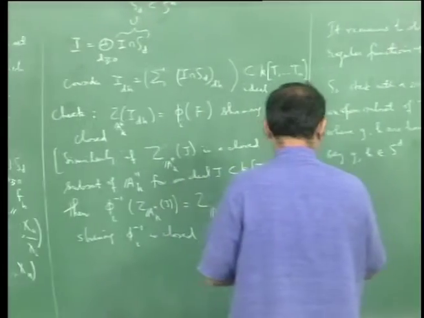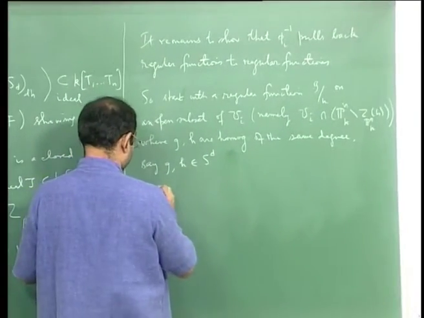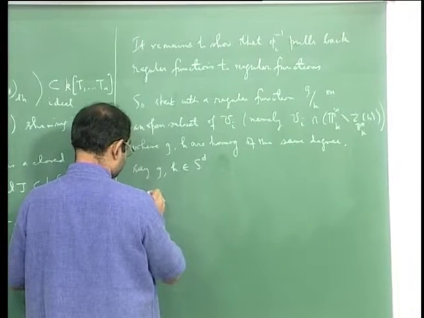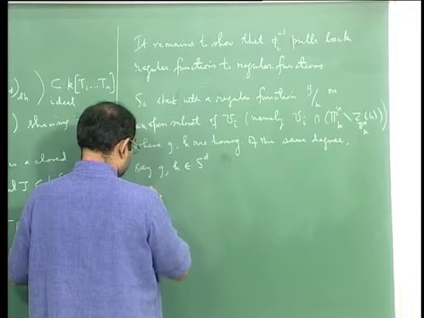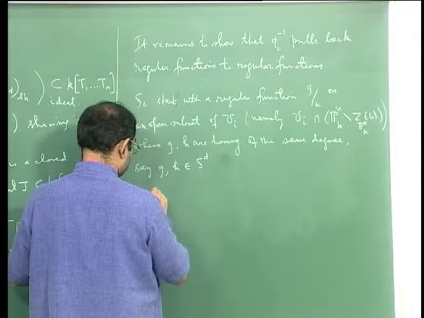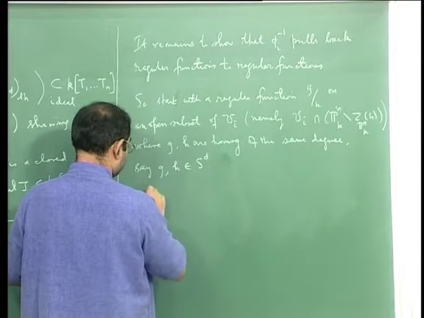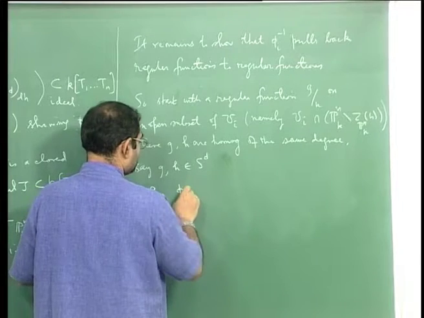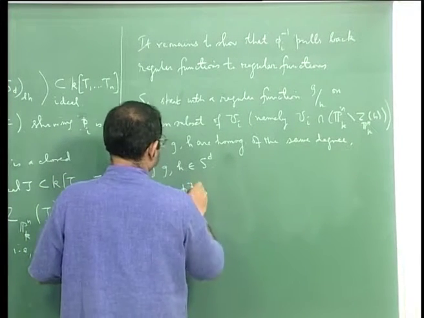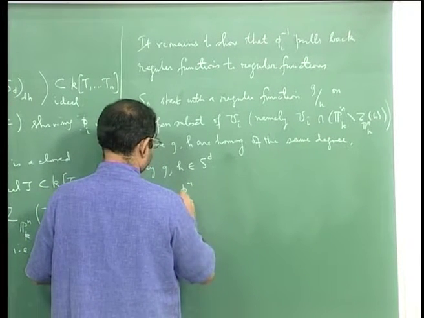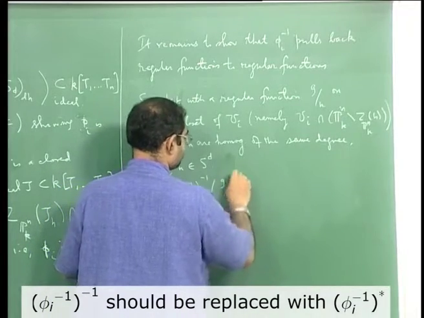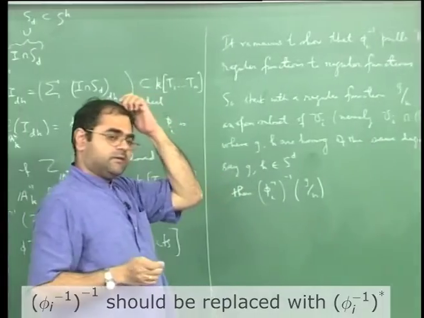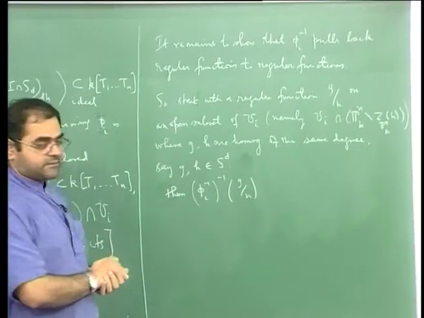Now what you have is you look at phi_i inverse of g/h, okay. So this is a rather confusing notation.